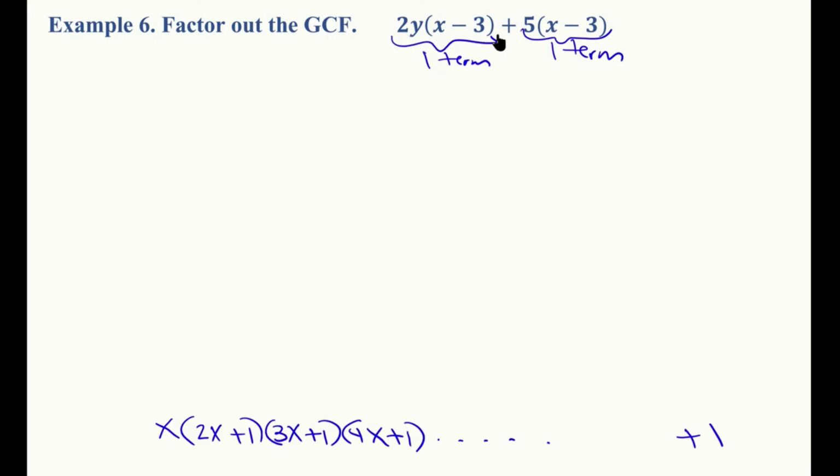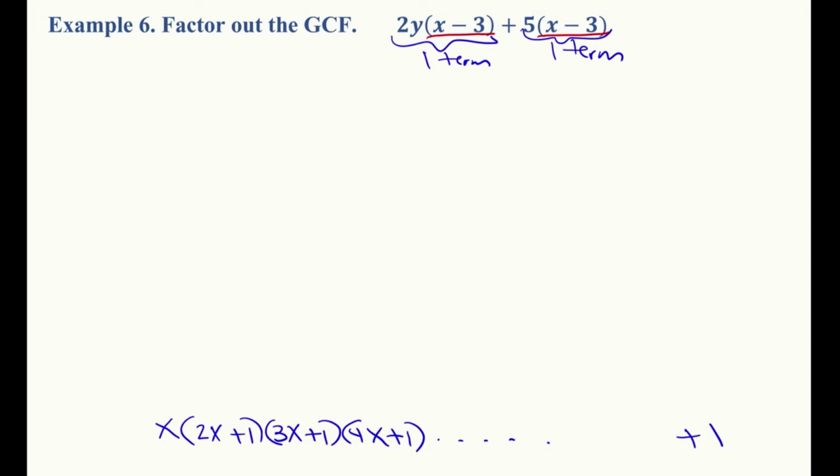As long as you're multiplying factors, you still have just one term. So that's one term, and that's one term. So we have two terms in this expression. Now, what is the common factor? Well, you can see the common factor is x minus 3. That's why we said we have a binomial GCF.